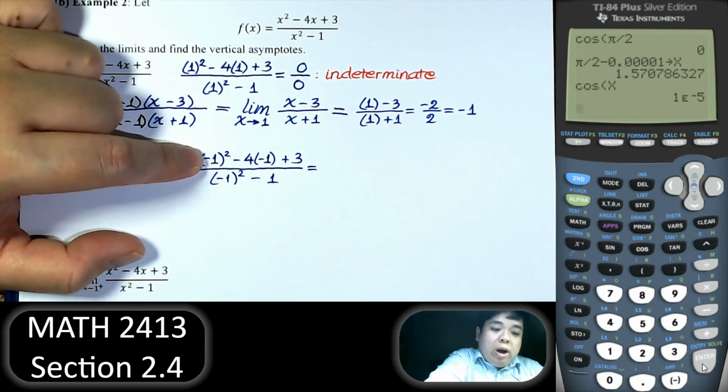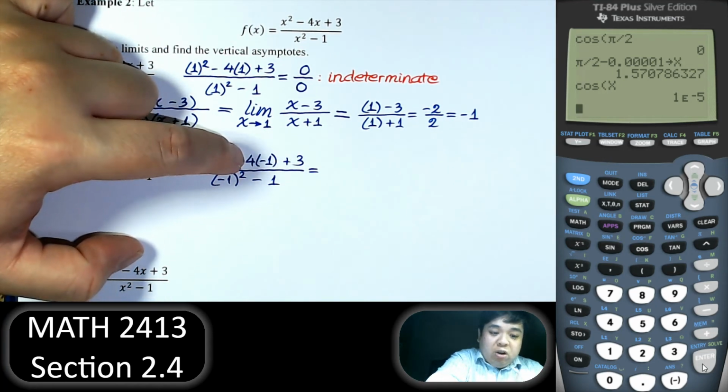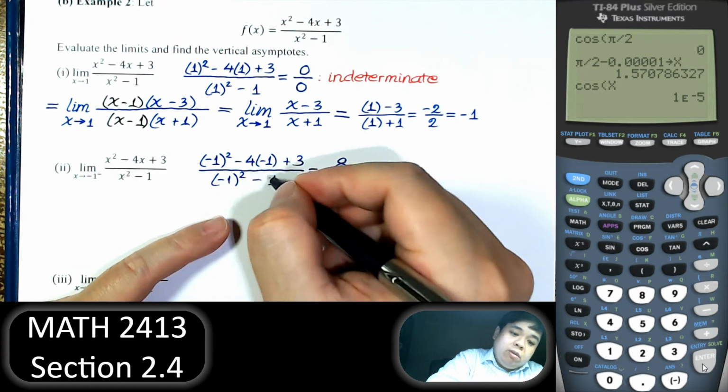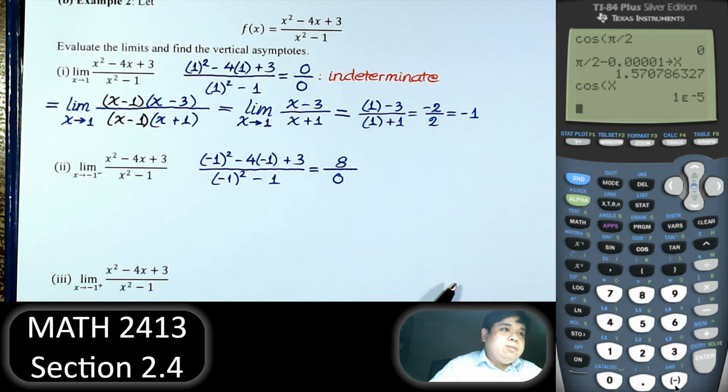Negative 1 squared is 1. 1 plus 3 is 4. Plus another 4 is 8. The bottom is 0. Of course, we can just do this with a calculator. Negative 1 is stored to x. And then x squared minus 4x plus 3 is 8. x squared minus 1 is 0.